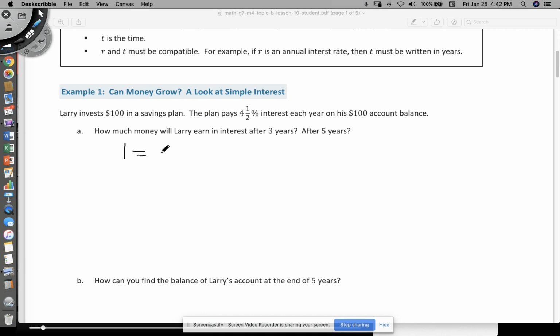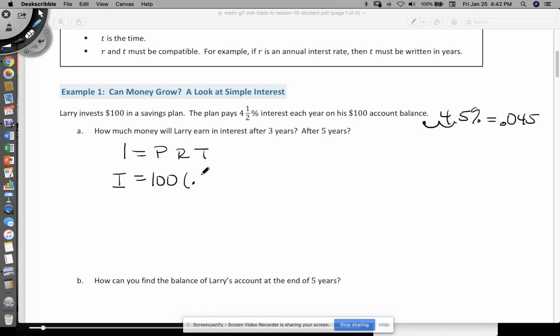So we're going to use I equals PRT. Now I stands for interest, which we're solving for. How much interest is he going to make? His principal is the amount of money that he put in, so that's 100. His rate is his percent. So 4.5%, and I move the decimal 2 places to the left, so my decimal version is 0.045.